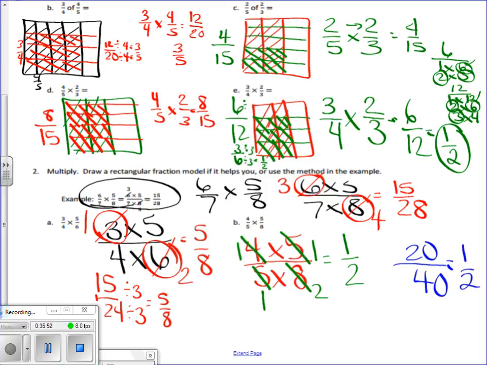It looks easier when you have a smaller fraction. If I really want to, I can go by 5. 20 divided by 5 is 4, and 40 divided by 5 would be 8. 4 eighths, not 5 eighths. And it would still be 1/2.